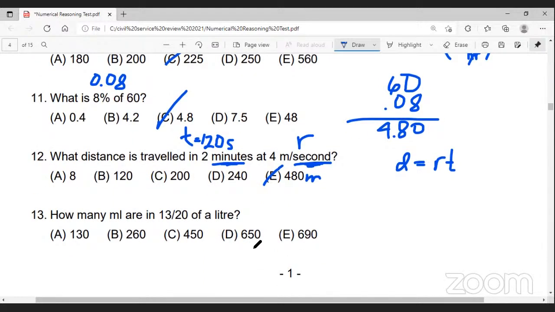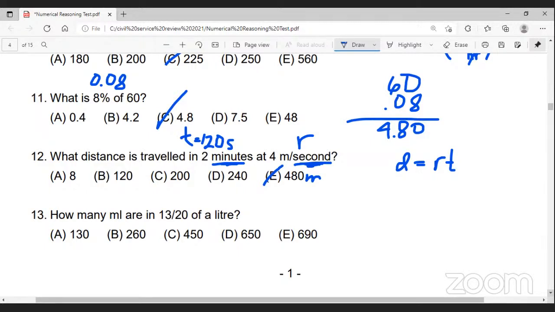Okay, let's proceed to the 13th item. Can you still recall, are you now familiar with the basic unit going to the next unit of measurement?